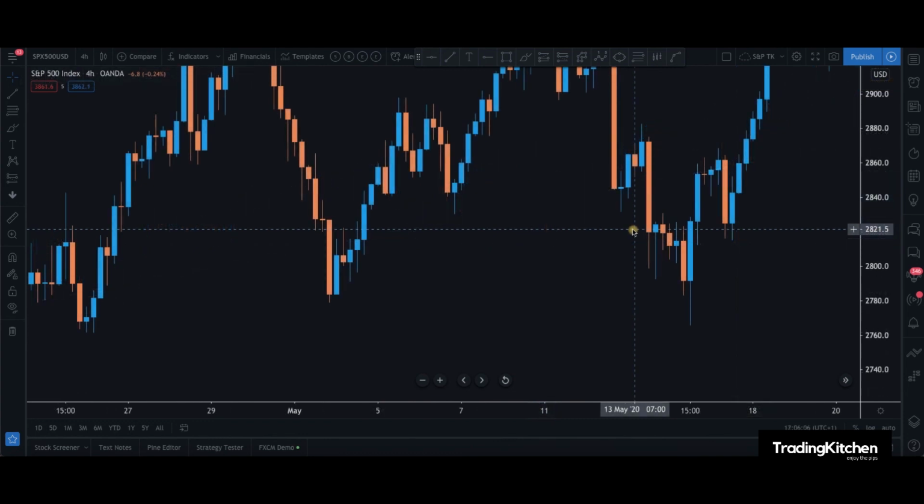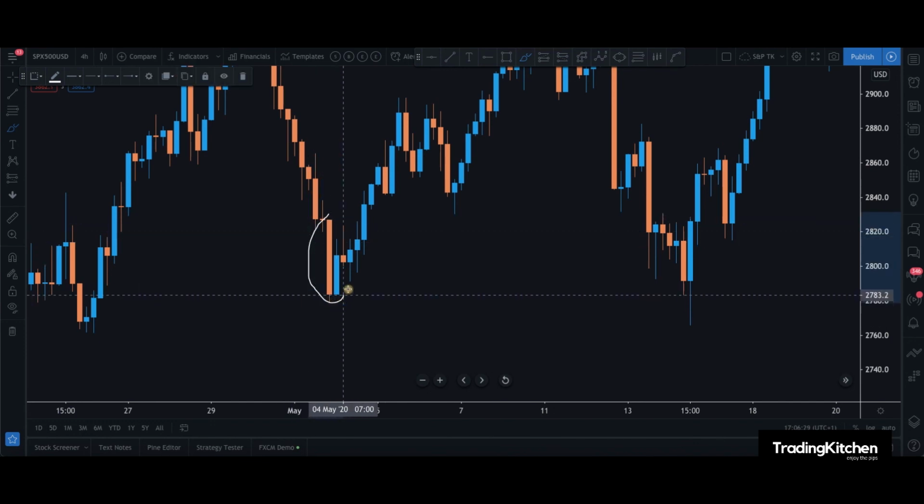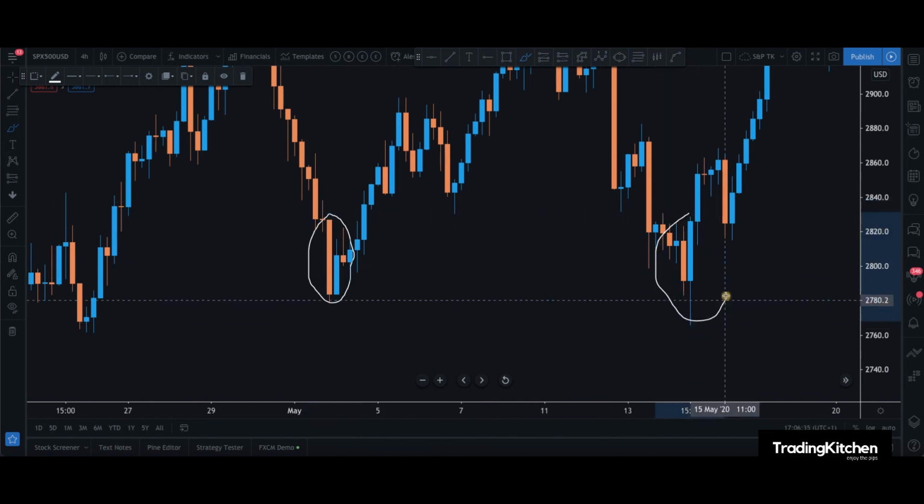The last price action setup I want to show you is the inside bar, or better, the inside and outside bar. Here we have two perfect examples, always in our S&P index. This is an inside bar, and this is an outside bar, or engulfing, they are the same.